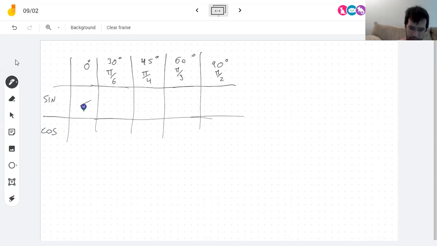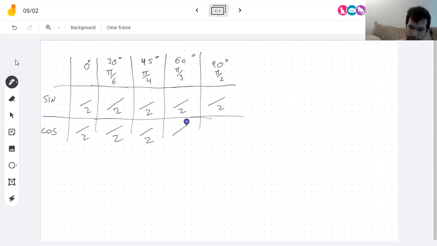You write a denominator of 2 everywhere.